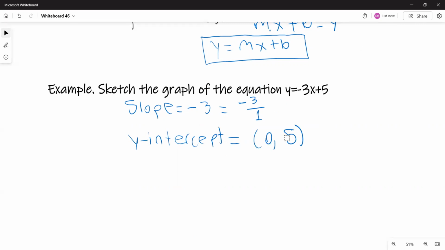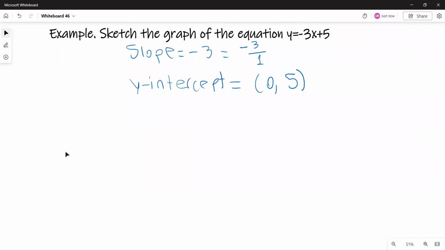It looks like this on the whiteboard. Okay, there it is. So we know the slope and the y-intercept, and we can plot a few points. I'll stop sharing for a moment.